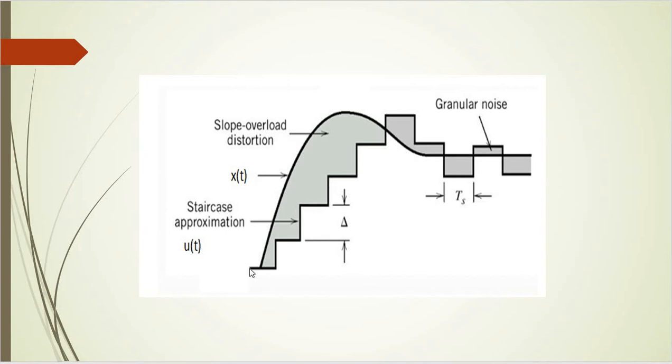Now we can see that during this portion, when the signal amplitude is changing at a very fast rate, the stair-step approximated waveform is not able to follow the rapid variations of x of t. The error introduced due to this kind of distortion is called slope overload distortion.